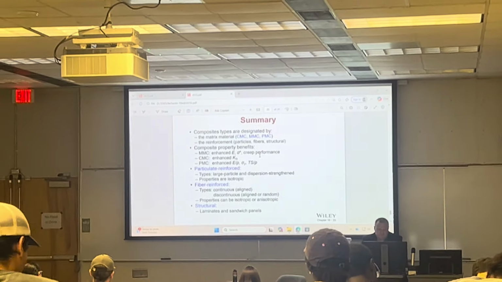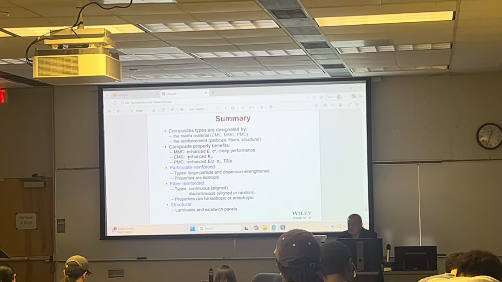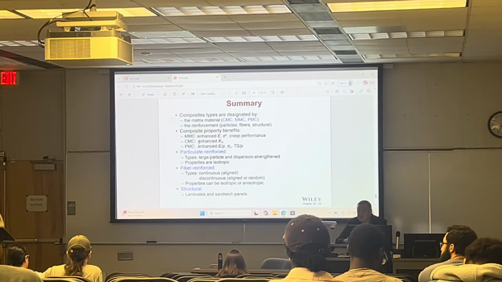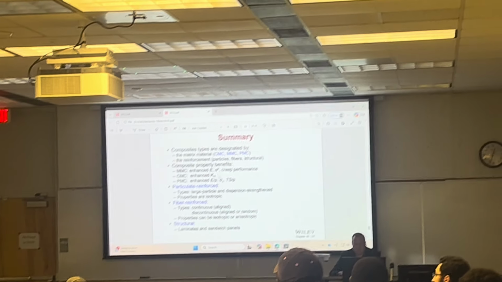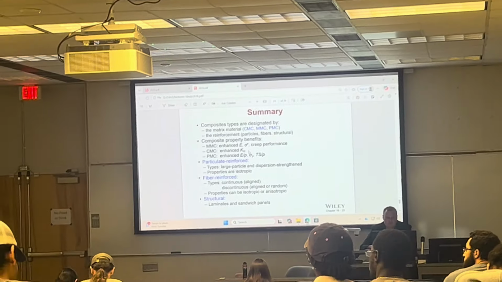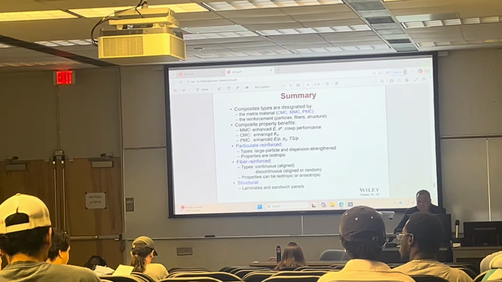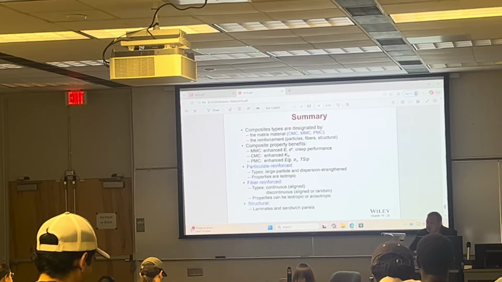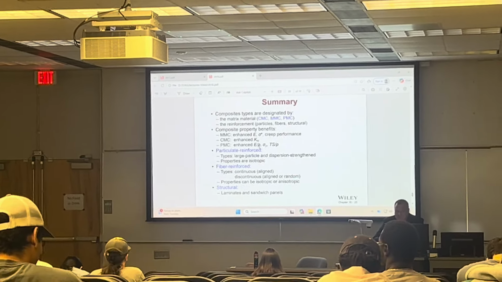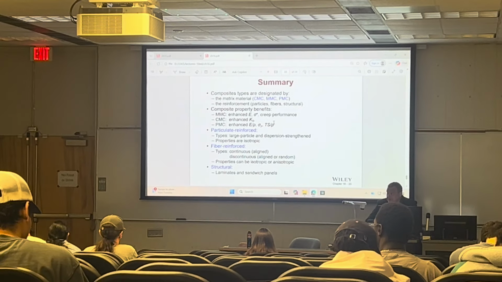For ceramics, we address the fact that ceramics are brittle, so there's increased fracture toughness. For polymer matrix composites, there's increased ratio of modulus divided by the density, or tensile strength divided by the density.